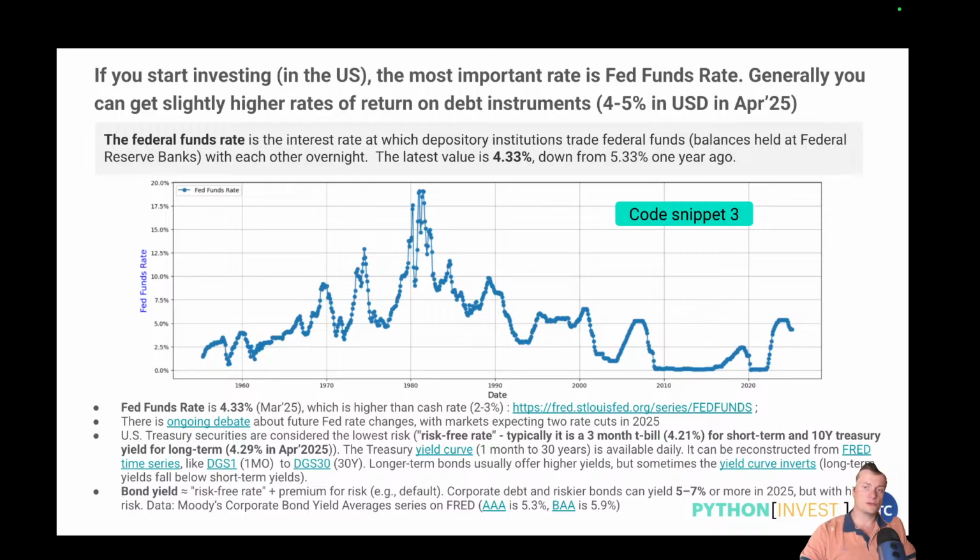It is used very often in passive portfolios, and you can get regular payments from bonds, which can be 5, 6, 7% in the US with a small risk.